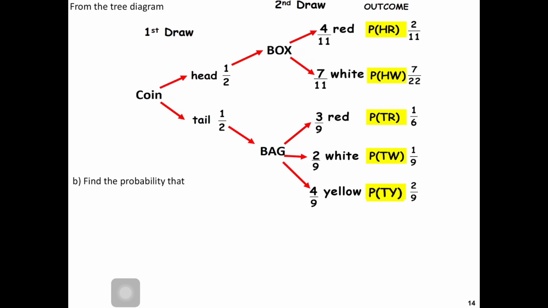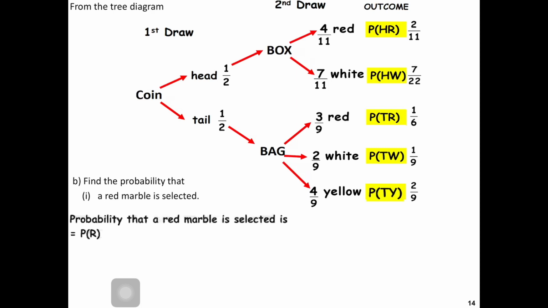From the tree diagram, find the probability that a red marble is selected. So that is your probability R. The probabilities we refer to are in the second row, where you get the red marbles. That is your probability HR, where the value is 2 over 11.